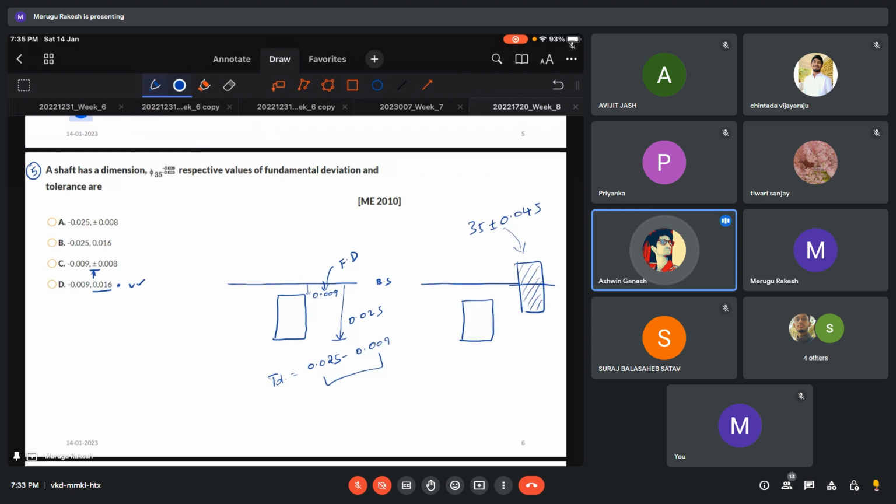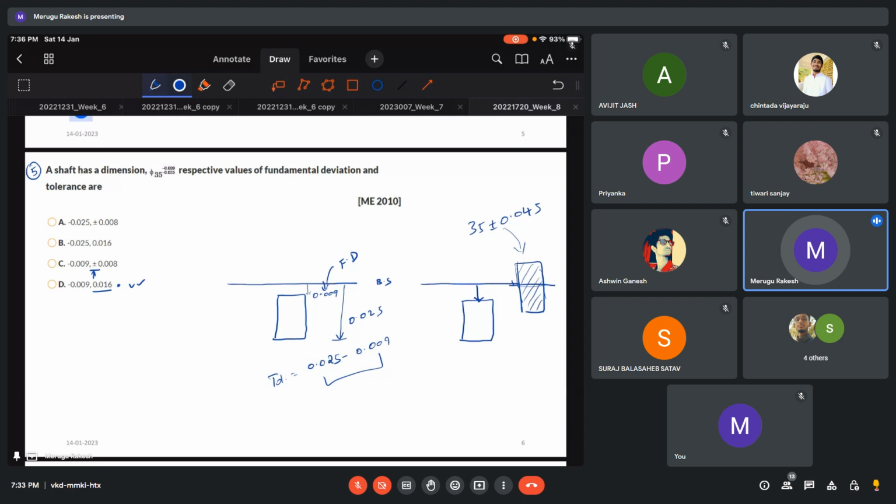But it must be either of the tolerances, no, sir? No, it is how far you are situated from the basic size. Now this is exactly situated on the line, so it will be zero. The fundamental deviation is zero. Even if it is not equal on both sides, for all bilateral tolerances the fundamental deviation is zero, because they are on the line, so there is no point in doing fundamental deviation.